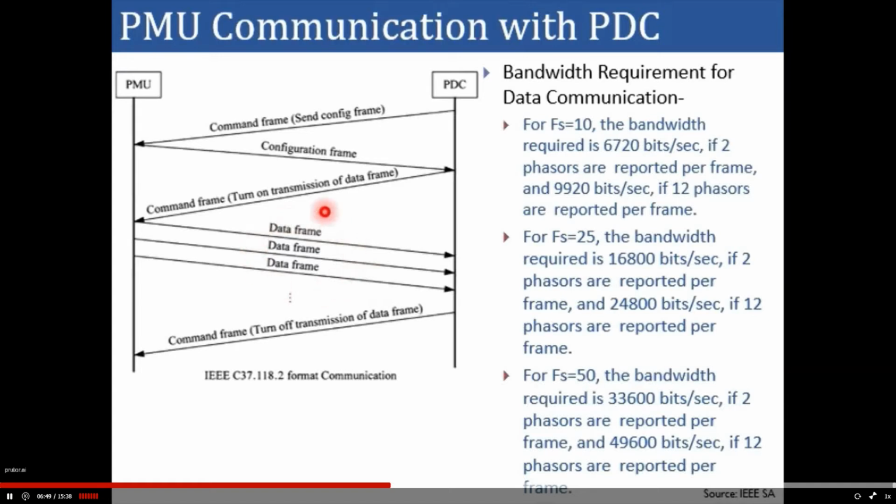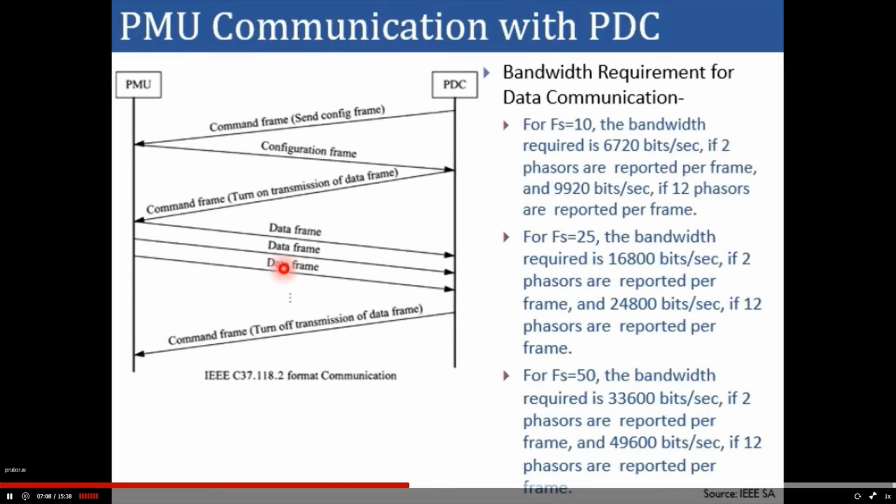Now, as we saw in the previous slide, data frame sends data using UDP. Why UDP? Because in case of TCP, we need the acknowledgement to be coming from the receiving end, which delays the data transmission.